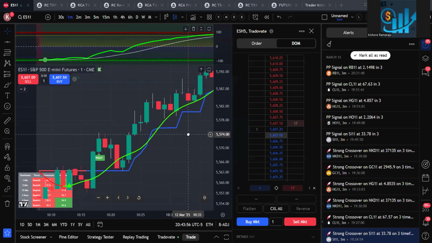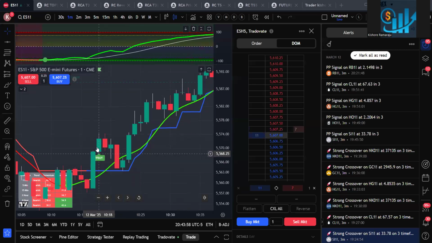So in 5 minutes around 10:30 we got a buy signal. Here we'll get a little early because of the 1 minute candle.